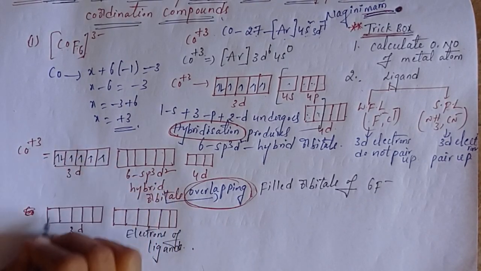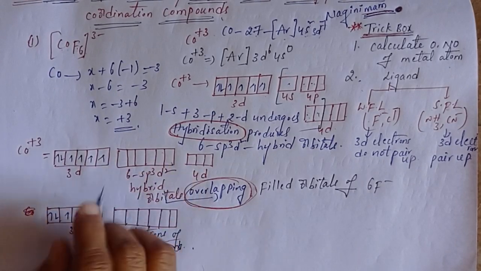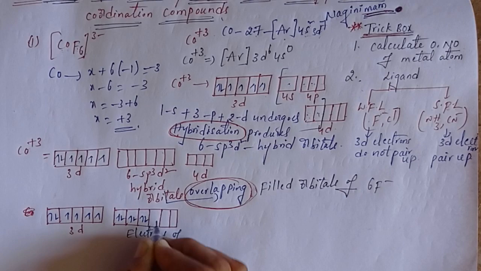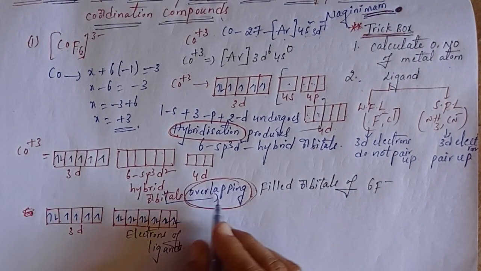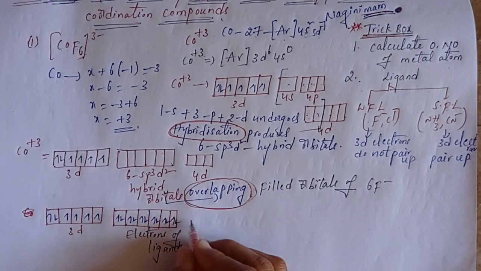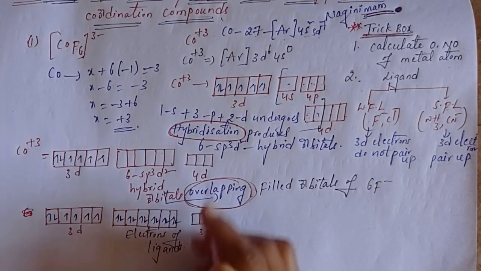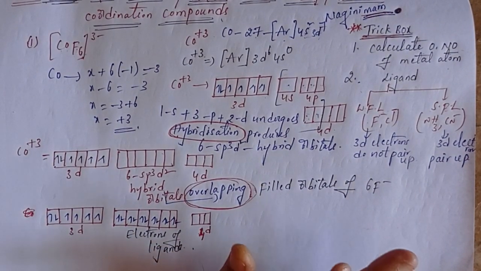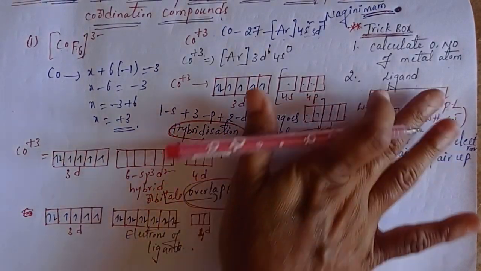First you write the 3d electrons 1 2 3 4 5 6. Now these 6 orbitals are filled with 6 pairs, because 6 fluorides are giving the 6 pairs of electrons. So this 4d you can write as it is, total 3 boxes, 3d and 4d as it is. Now see, students, till here you have to do.